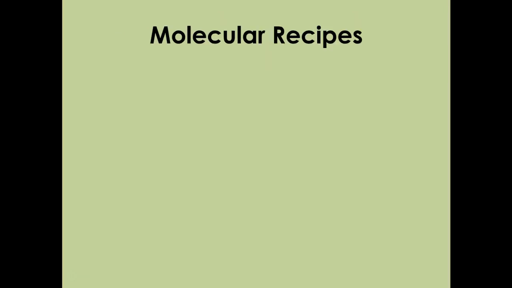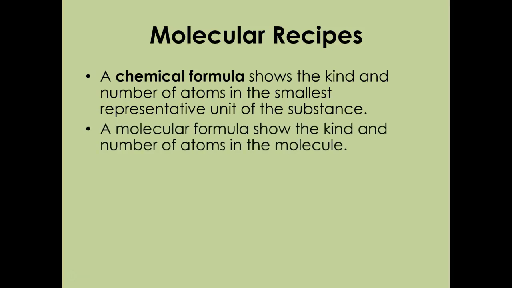So we want to talk then about molecular formulas and how they differ in a molecular compound from an ionic compound. In general, a chemical formula shows the kind and number of atoms in the smallest representative unit of the substance. When we were talking about ionic compounds, as you'll recall, when we write the ionic formula for sodium chloride and put 1 sodium and 1 chlorine atom in that formula, that is simply representing the smallest whole number ratio that they combine in.